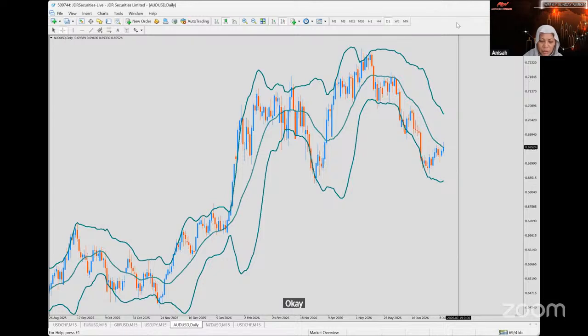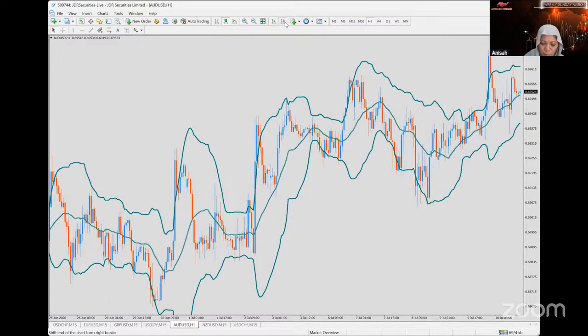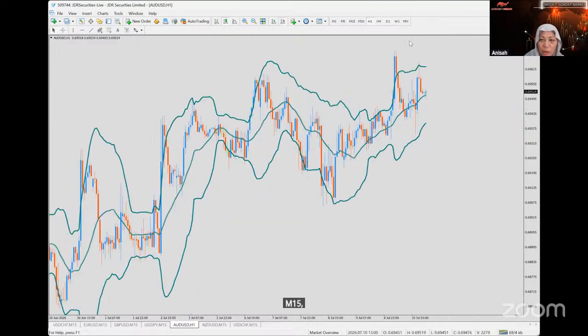Okay, so this is Aussie dollar daily. M15. Sorry, no, H1. Okay, so this is intermediate trend is up.